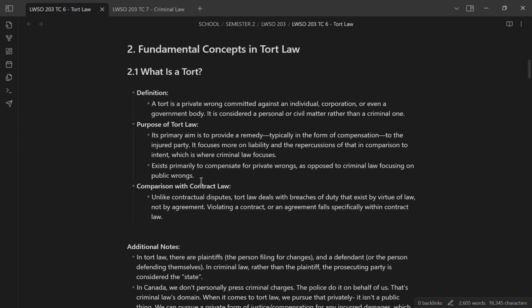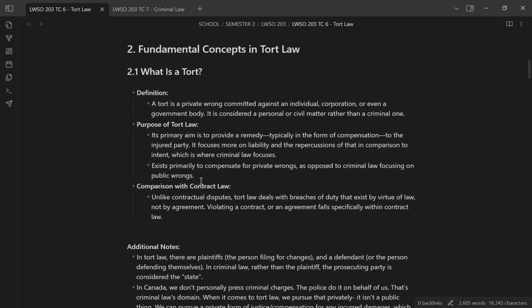Tort law, unlike criminal law, where criminal law's purpose is to establish guilt and kind of dispense justice, the purpose of tort law is to provide a remedy, typically in the form of compensation to the injured party or the victim. It focuses more on liability and repercussions of that in comparison to intent and guilt, which is what criminal law focuses on.